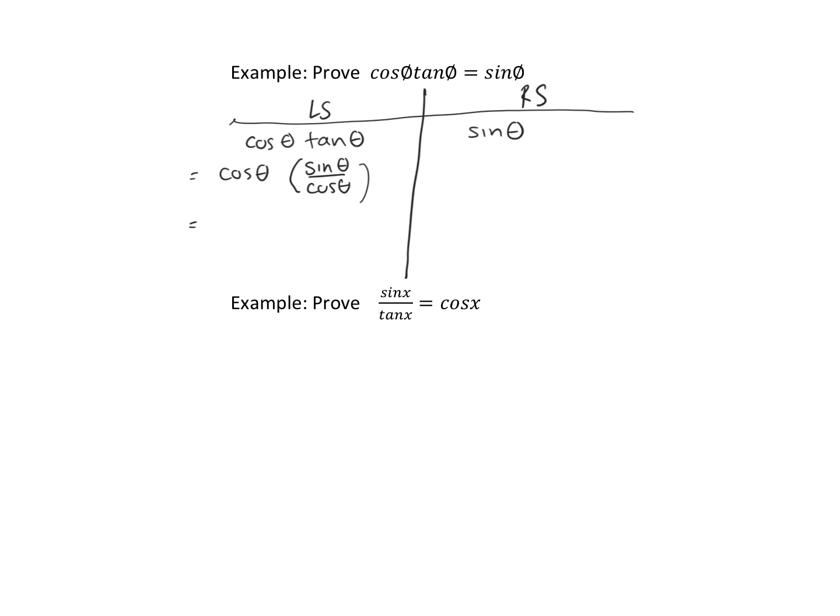Well, I can multiply these two together, or I could just reduce, now that I'm looking at it. I can reduce cosine on the top, cosine on the bottom, and that leaves me with sine theta. So now I see that the left side equals the right side, and we are finished. Once you get the left side equal to the right side, you're done.